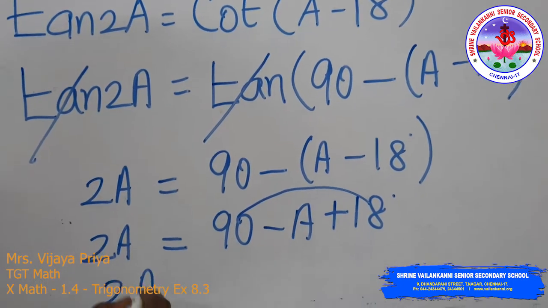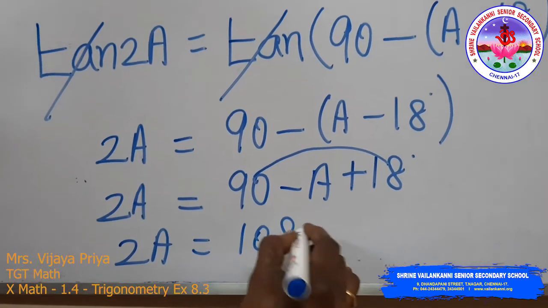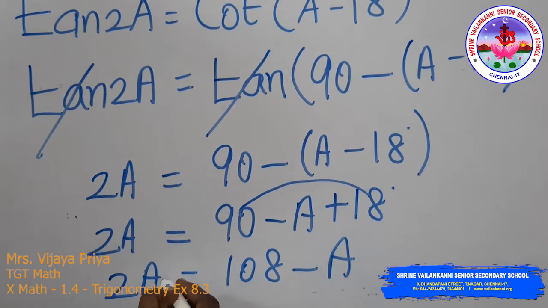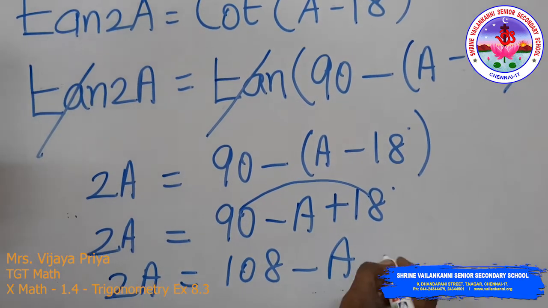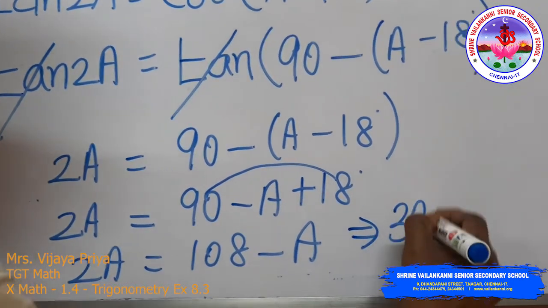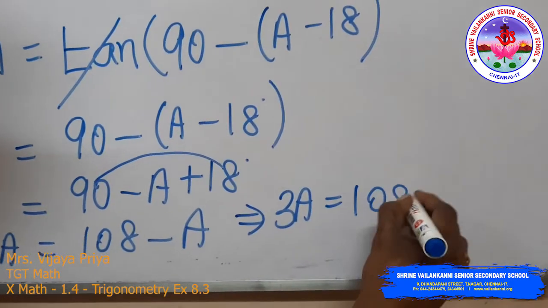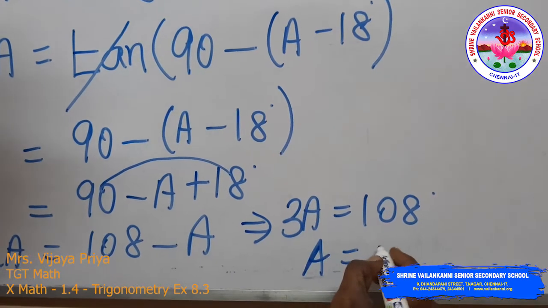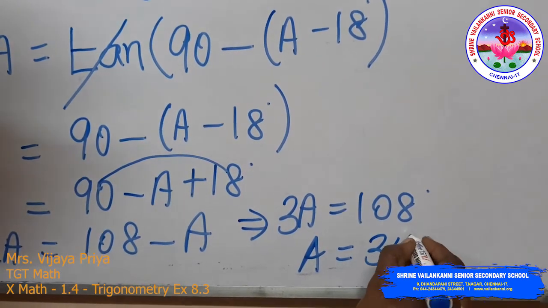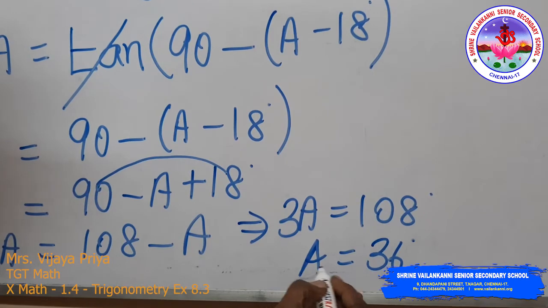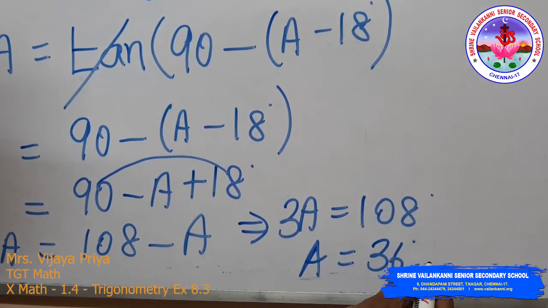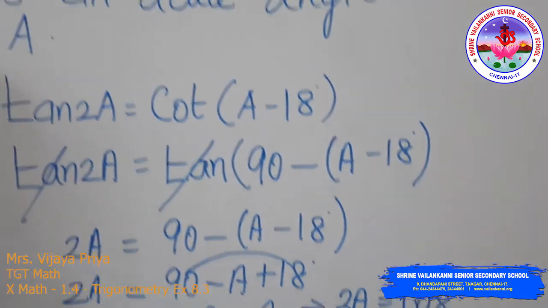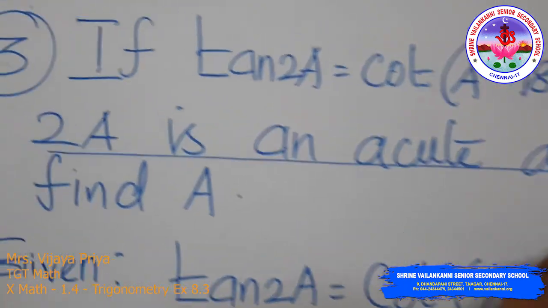So 2a is equal to 108 minus a. Bring this minus a to the left hand side, it becomes plus a. So we get 3a is equal to 108. A is equal to 108 divided by 3. We will get 36 degree. So 2a is equal to 36 into 2, 72 degree, where 72 degree is an acute angle. Hence proved.